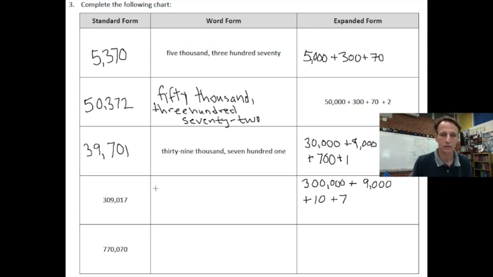So I just said it, 309,000. 300 thousand. That's where our comma goes. And then we have the 1, 7, the 10 plus 7 is 17, right? We just simply write 17.